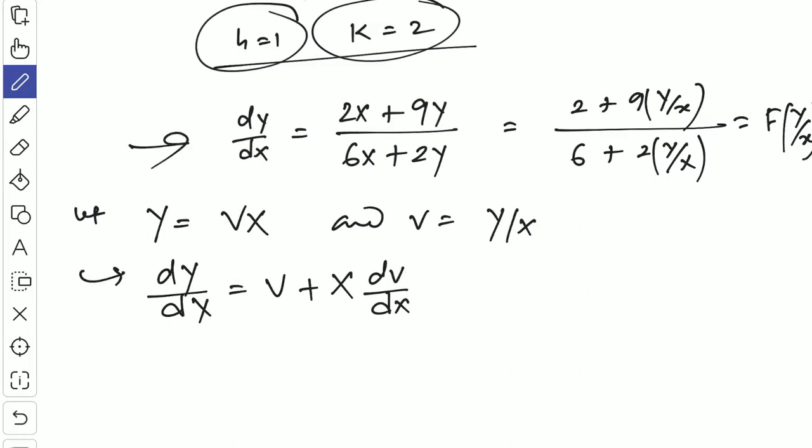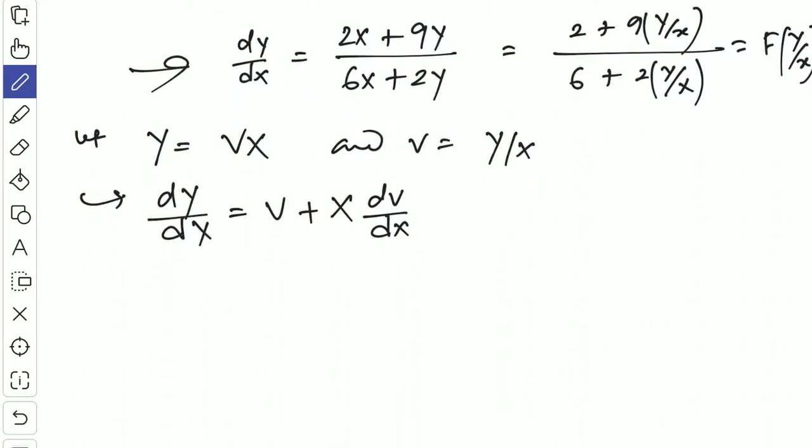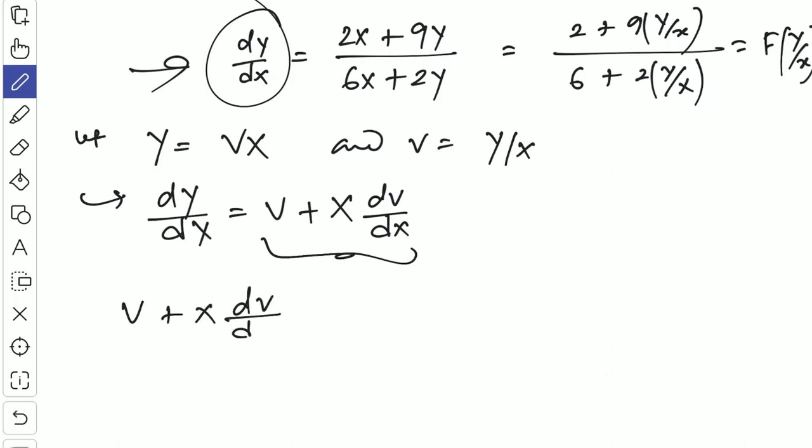Then this equation becomes, this term can be replaced by this, V + X dV/dX = (2 + 9V)/(6 + 2V), where Y by X is replaced by V, isn't it?